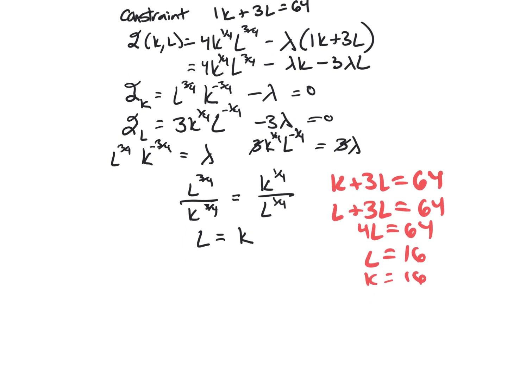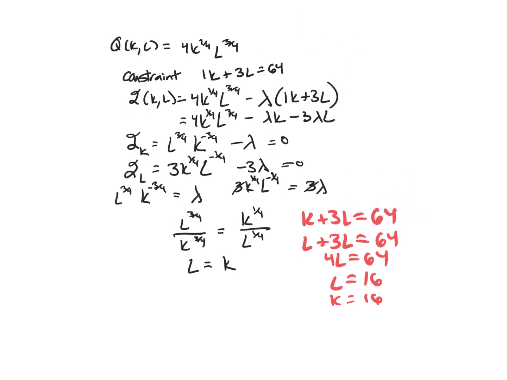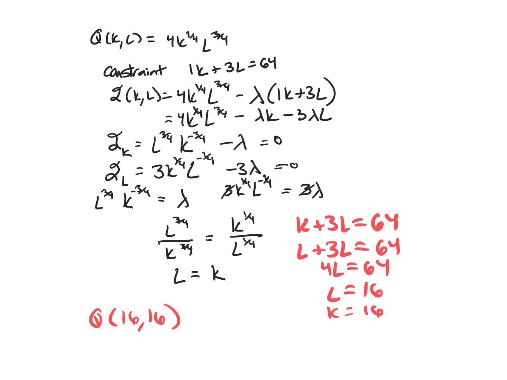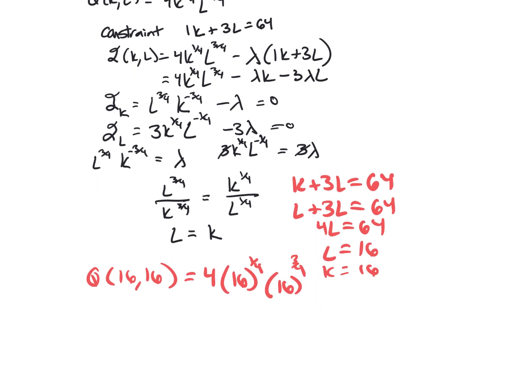Okay, so it looks like the optimal Q is when, so let's do Q of 16, 16, and let's see what we get. When I plug in, so 4 times 16 to the 1/4, we're plugging it back into the original production equation, and then 16 to the 3/4. Okay, so remember with fractional exponents, the numerator means the power it's raised to.